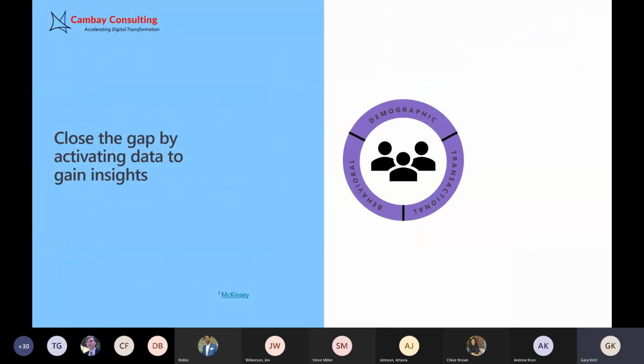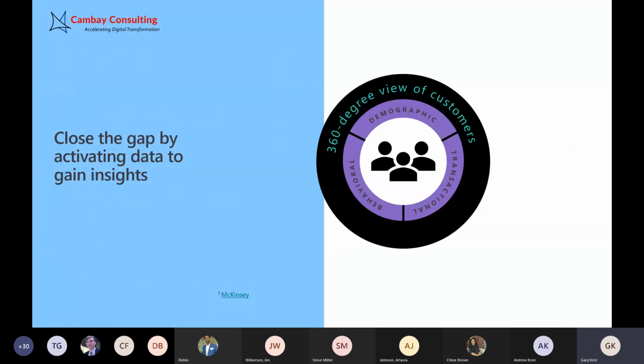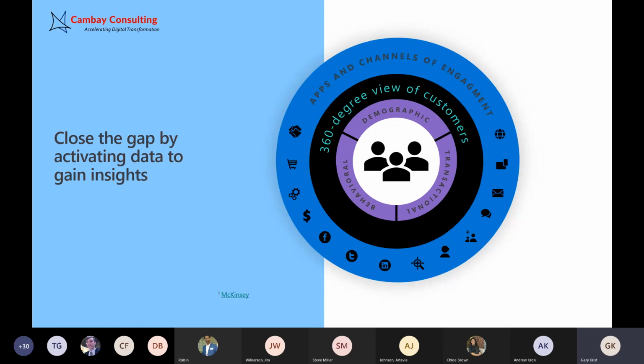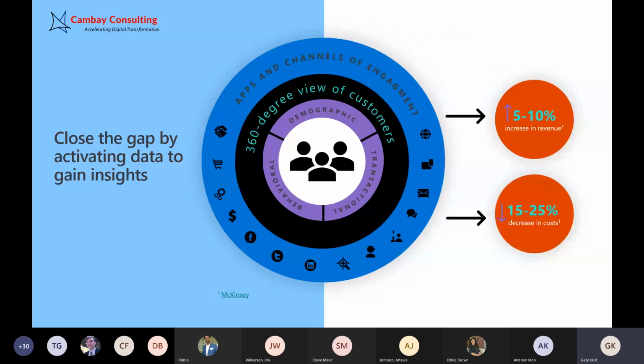So what's the customer insights going to do for us? It's going to close the gap by merging this data and allowing us to gain that insight into the customers and be able to act on that data. So the data can come from multiple channels: demographic data, behavioral data that can be purchased through third parties, transactional data from all our internal systems.